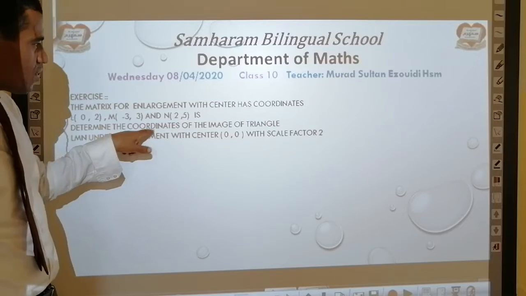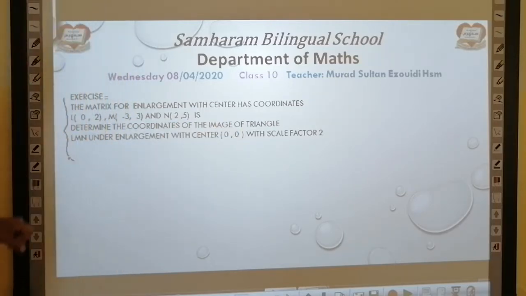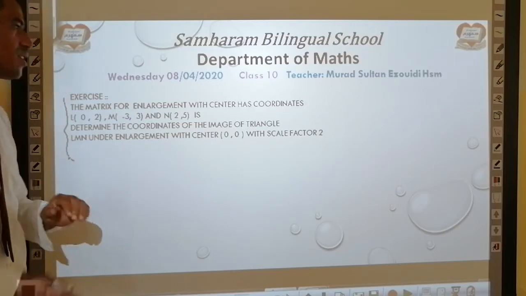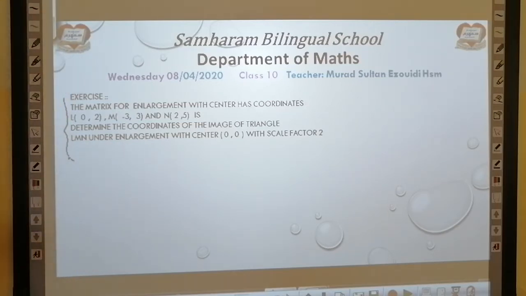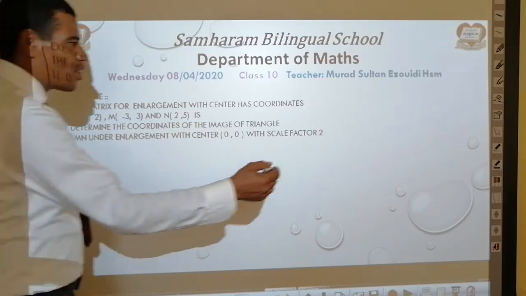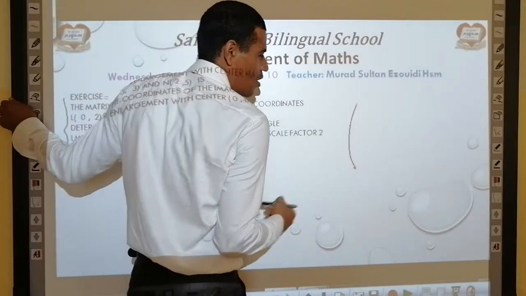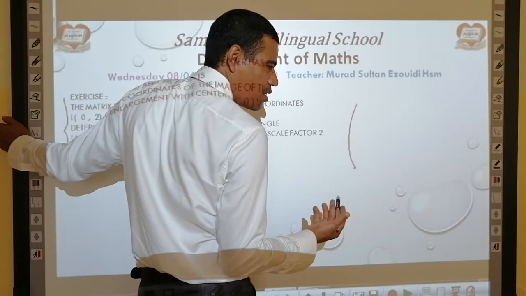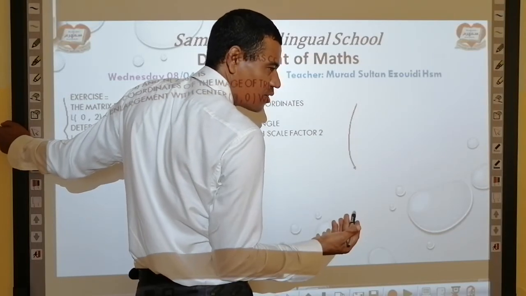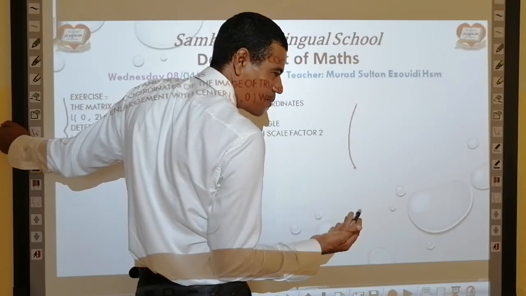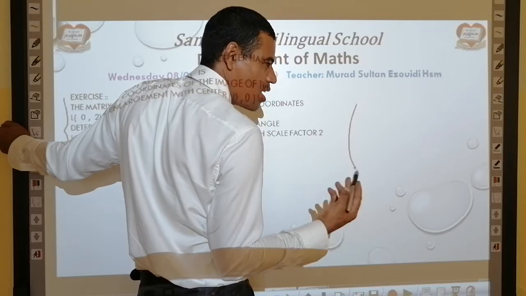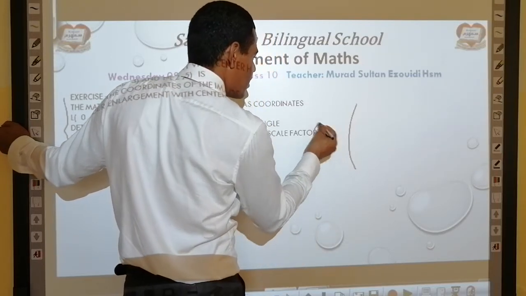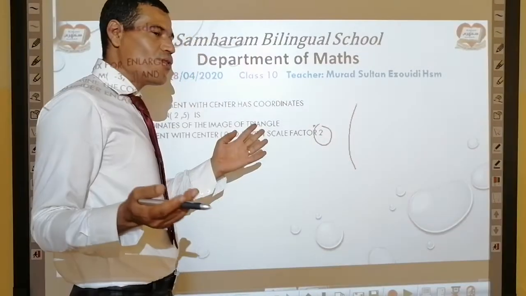Determine the coordinates of the image of this triangle LMN in the enlargement with center (0, 0) with a scale factor. We told that the matrix that transforms this point to its image is the matrix for enlargement. The center is (0, 0) and the scale factor is k. But here the scale factor is 2. So I will give you the general formula.